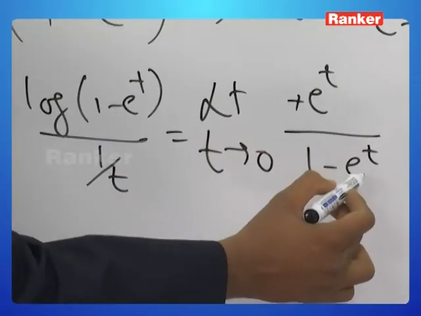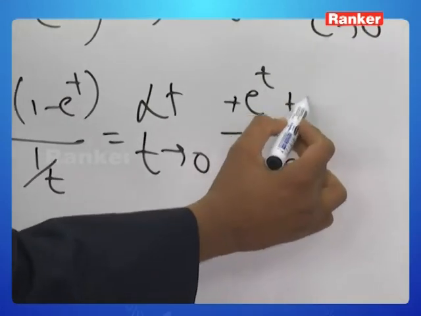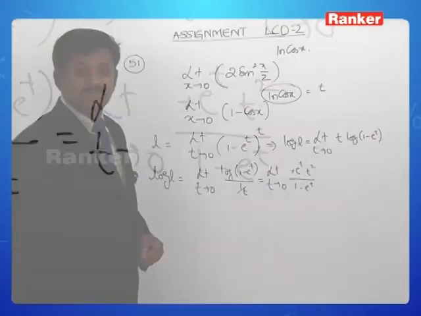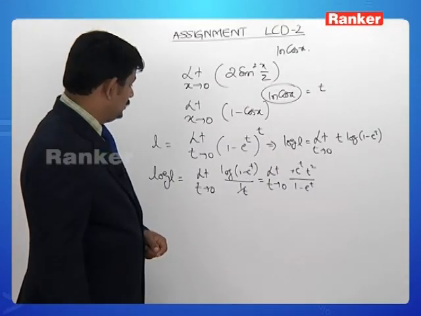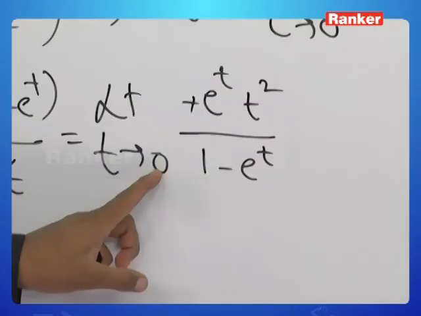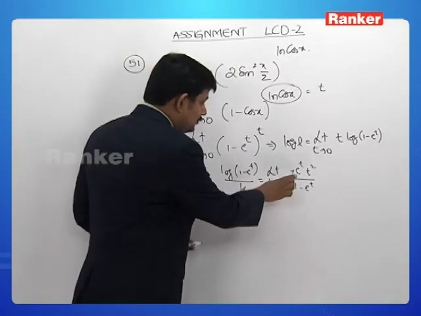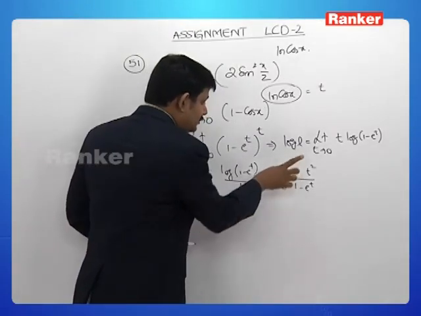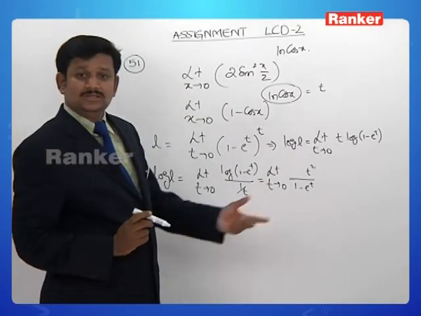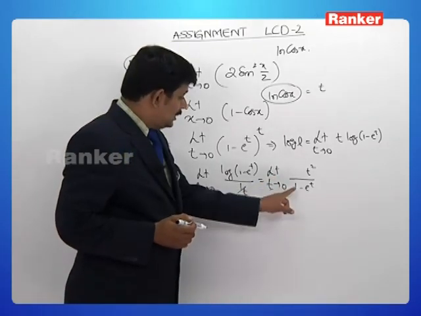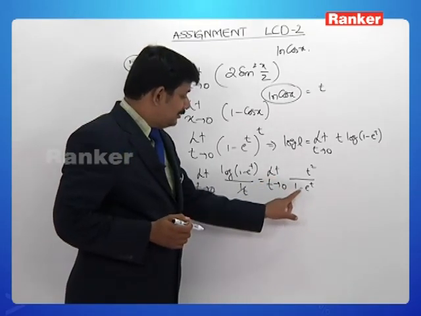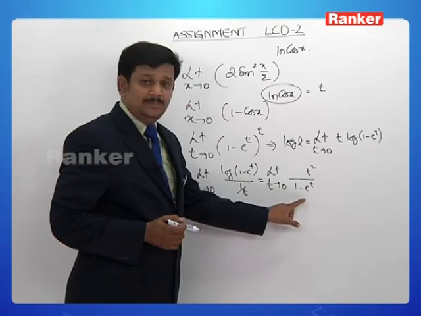Minus and minus gets cancelled, 1 by t square goes up, in the numerator it becomes t square. Now, you can see as t tends to 0, e power t tends to 1. So, we can write this as 1 into the limit t tending to 0 of 1 minus e power t divided by t, which is 1.